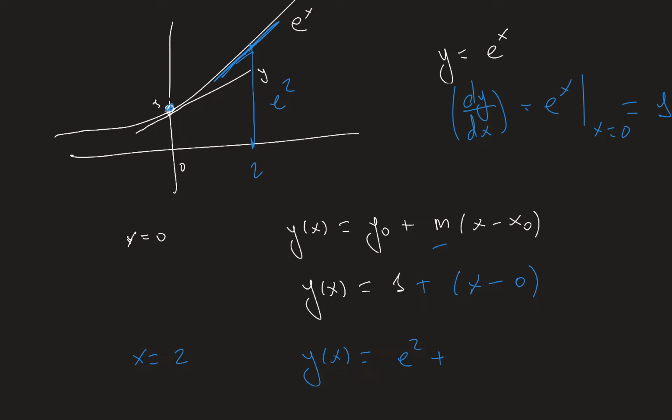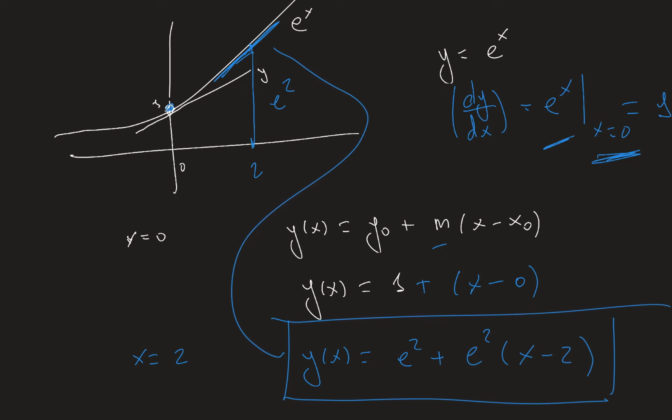The derivative of the function is e to the x. At x equal 2 it is e to the 2. E to the 2 multiplied by x minus 2. And this equation is this line, this rectilinear line.